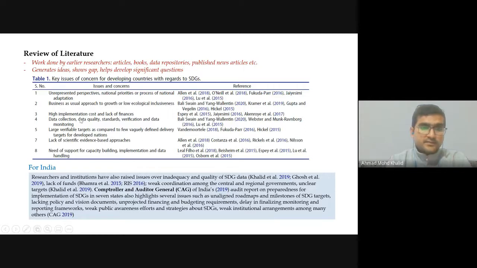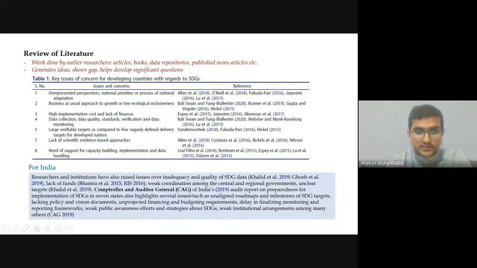Similarly, some of the articles say that there's a high implementation cost and lack of finances, and authors have cited those references. So your literature review can be in the form of a table. You can tabulate it, and you can also write simple paragraphs for different studies or authors or institutions. For example, in the box below for India, I have highlighted the Comptroller and Auditor General, CAG.